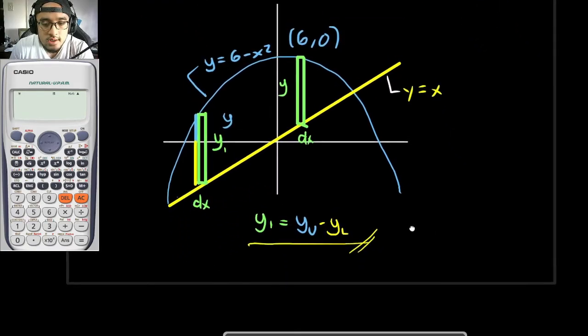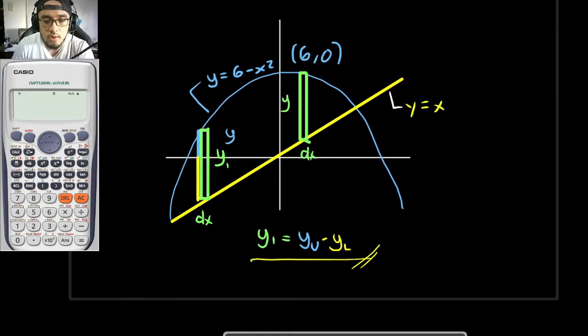So from that, let's formulate our integration equation. So for us to get this whole area right here, our area total is to be equal to the integral of our differential area with this one as our lower limit and this one as our upper limit.